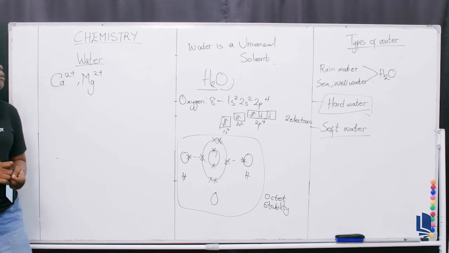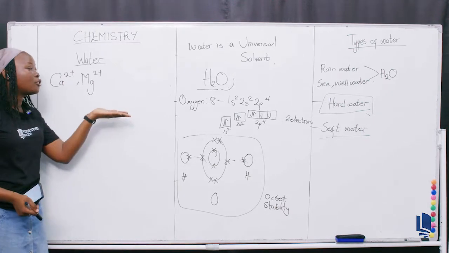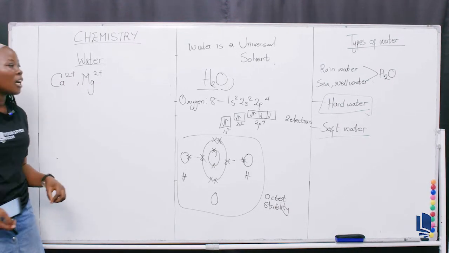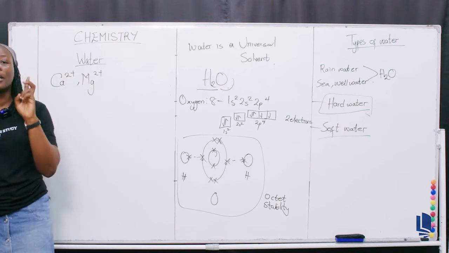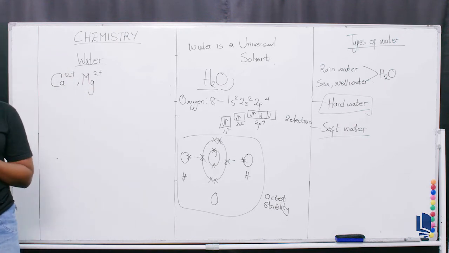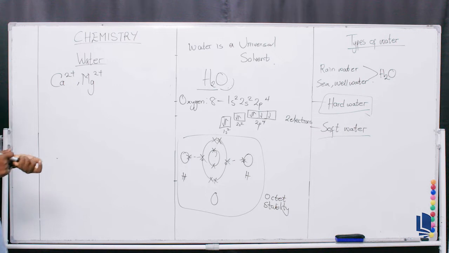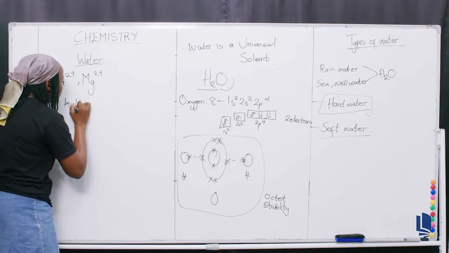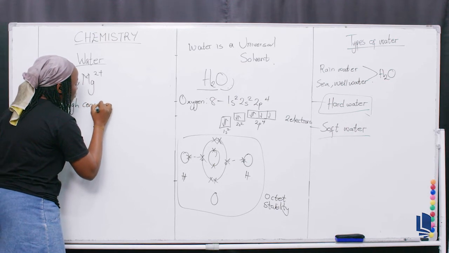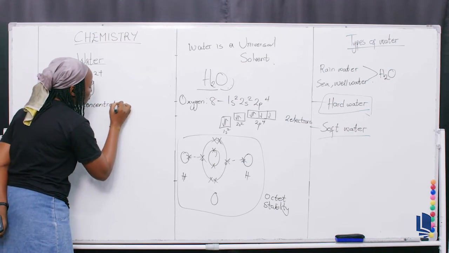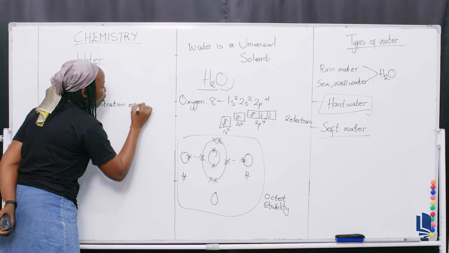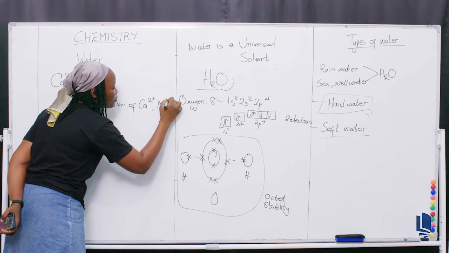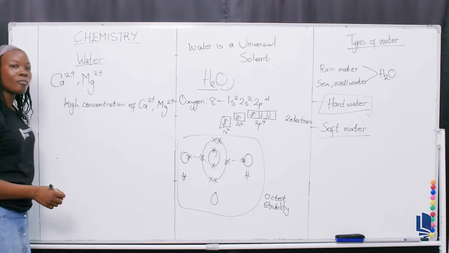That means it can be calcium ion or magnesium ion present, or the two present in the water. It must be in large quantity, so high concentration of calcium ion or magnesium ion.